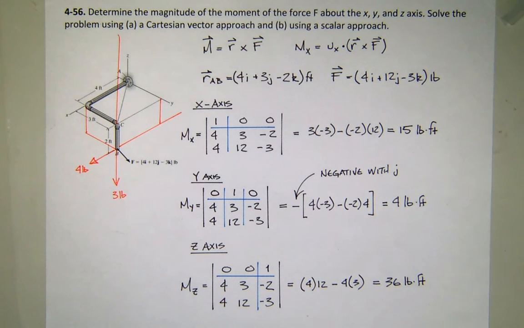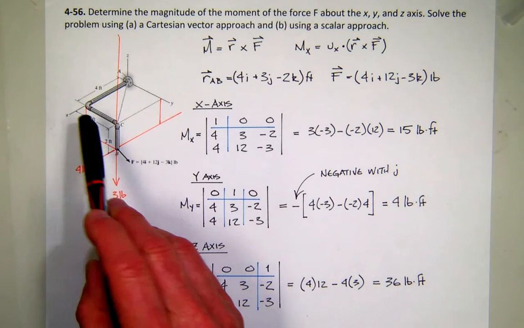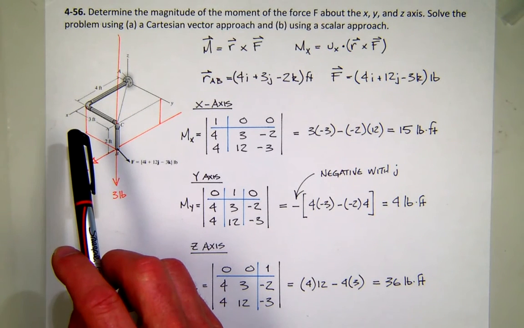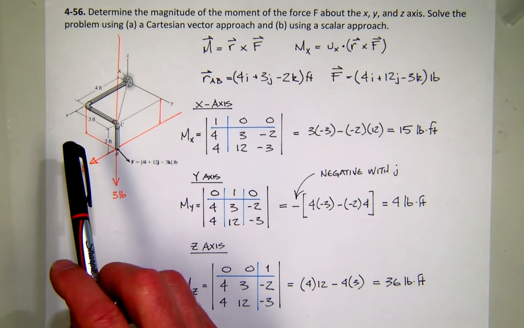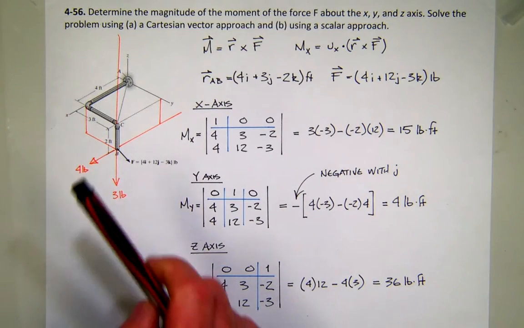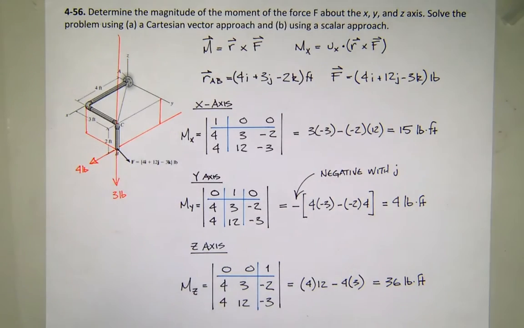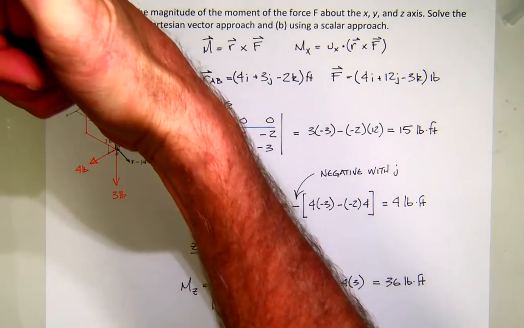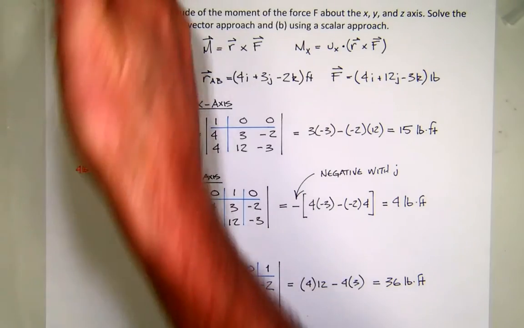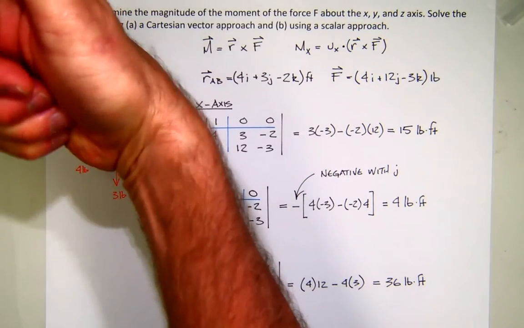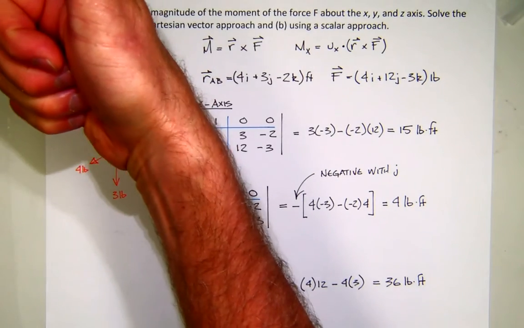I always use the right-hand rule. The great thing here is you have something to correlate it to. You have the x and y, so you can use the right-hand rule, x, y, z. We know z is going in this direction, so anything that's curling around z like this would be positive.